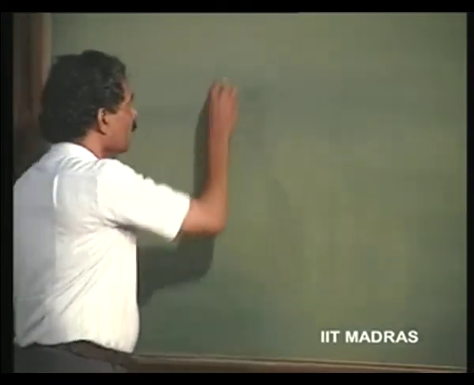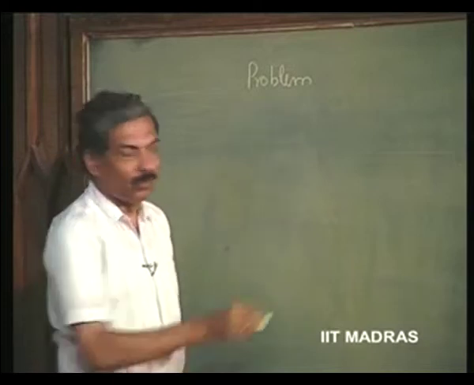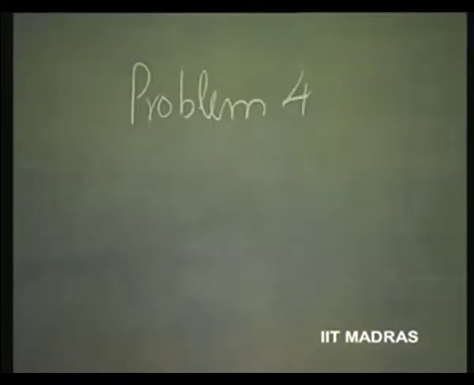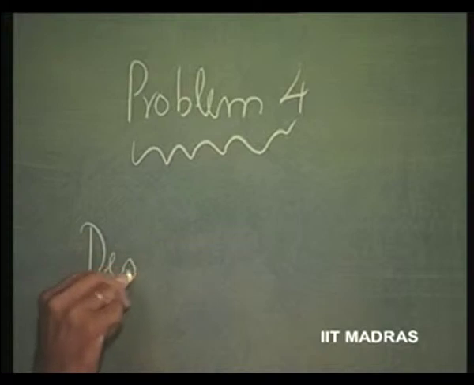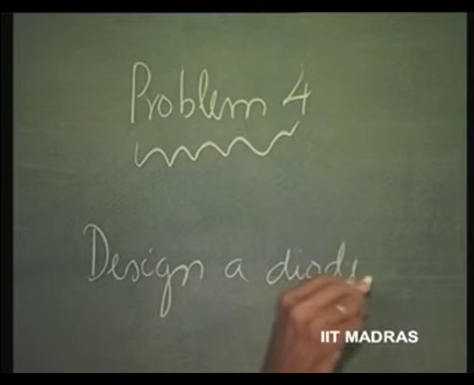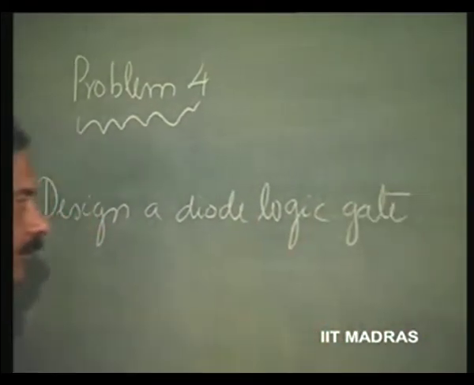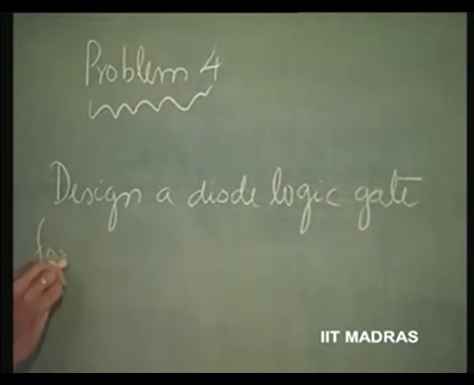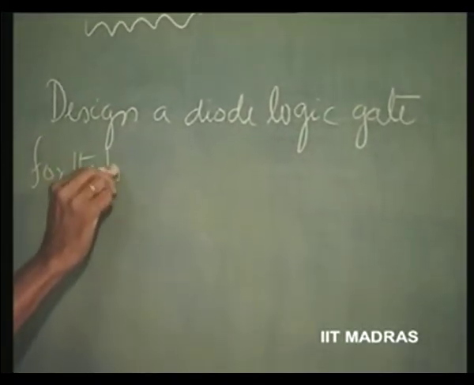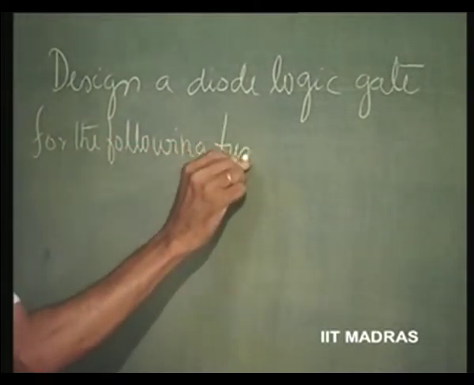So, this is our problem number 4. What we are going to do here is design a diode logic gate for the following function.